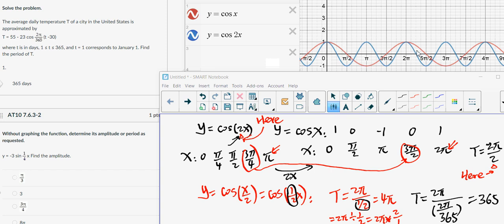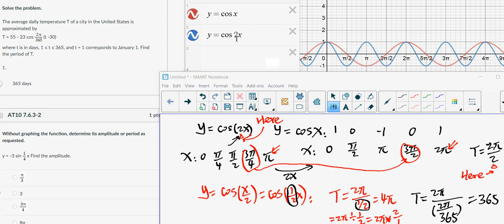We know that cosine x completes one period from 0 to 2 pi, and then it repeats the pattern from 2 pi to 4 pi. That's why we say cosine x has a period of 2 pi.